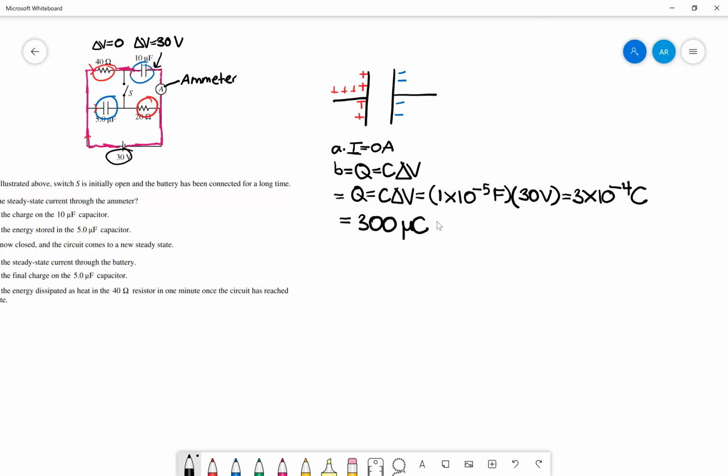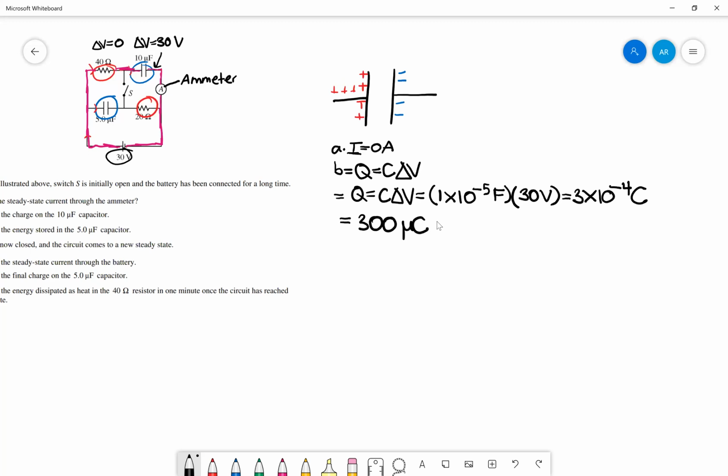All we had to do was find the voltage across the capacitor using the fact that the voltage across the 40 ohm resistor on the upper left had to be 0 because there was no current going through it at all.